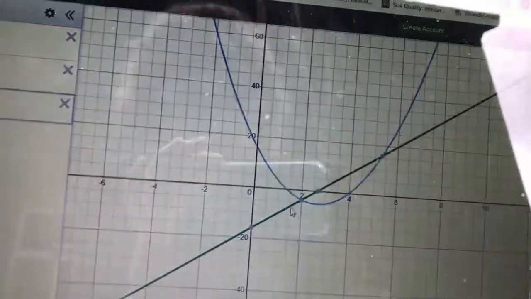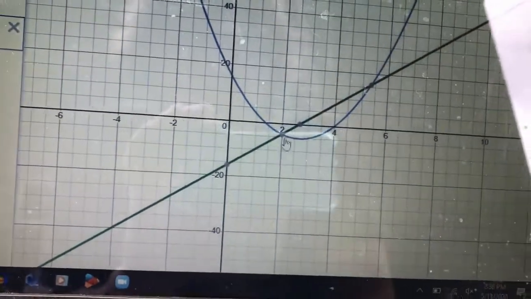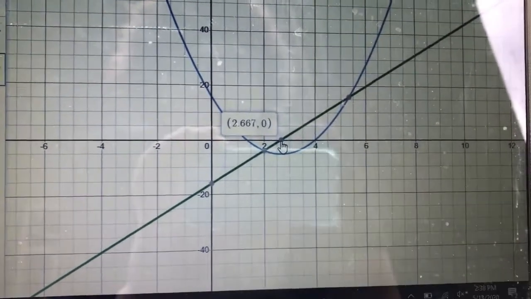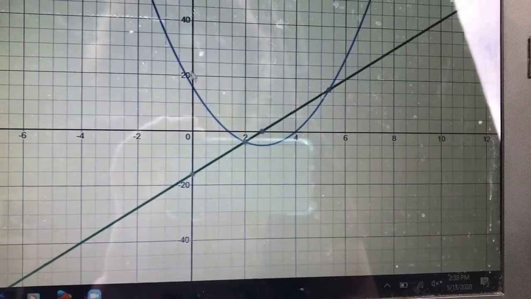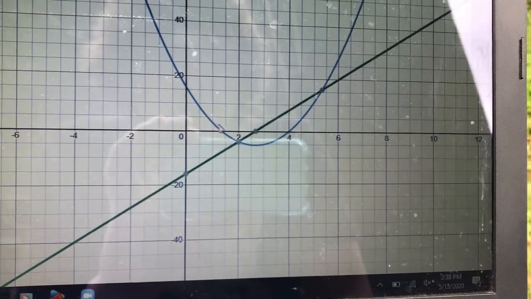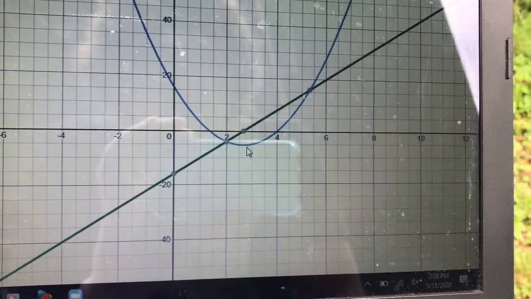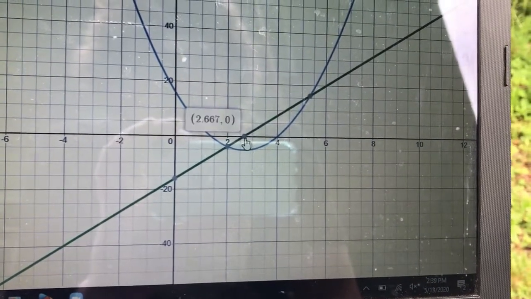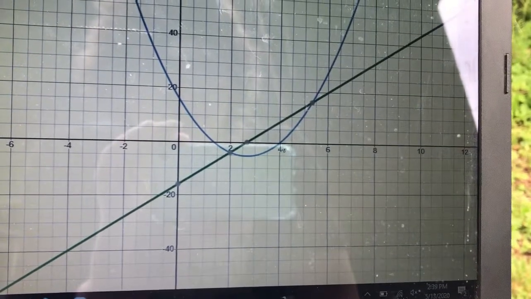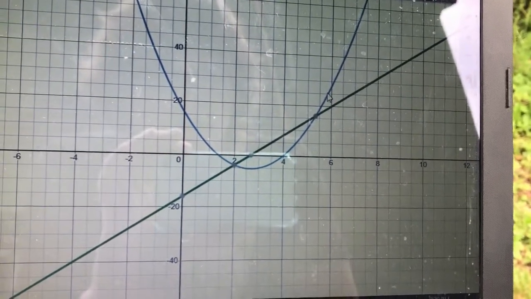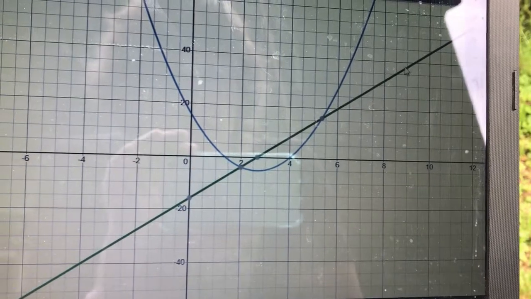Well, it's increasing towards 0, but it's negative on the linear function. And it's decreasing on the parabola. Acceleration is decreasing towards 0. It arrives at 0, and then it begins to increase on the parabola.